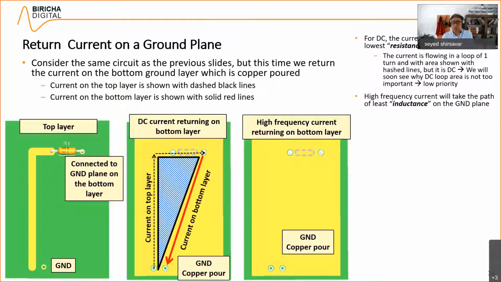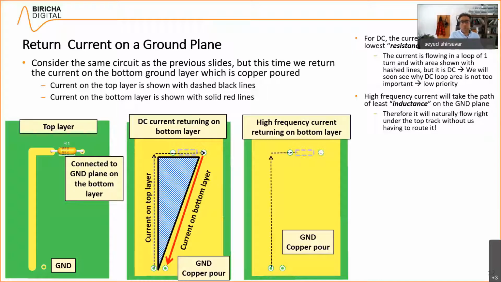Now, high frequency current. If your current is changing, then it doesn't follow the path of least resistance. It follows the path of least inductance. And of course, the path of least inductance, because of Faraday's law and Lenz's law, is right under the current that is going out. So this is again the current on the top layer going from there to there.